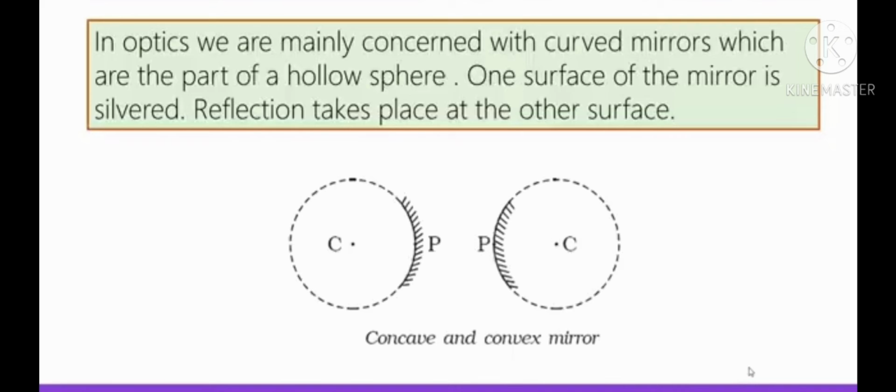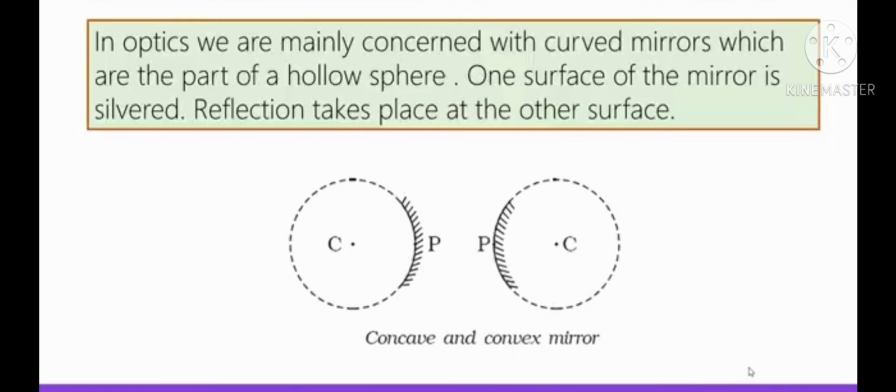That means we have to silver the convex surface of a spherical surface to make a concave spherical mirror. In the same way, we have to silver the concave surface to make the convex mirror. The non-silvered surfaces are the reflecting surfaces.